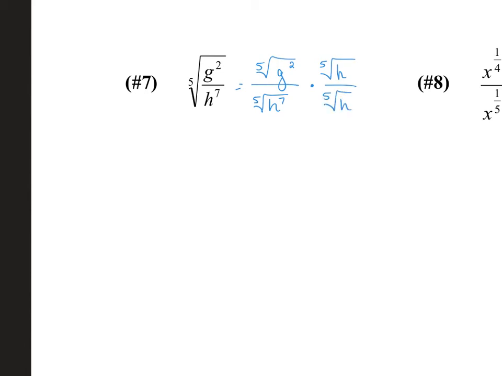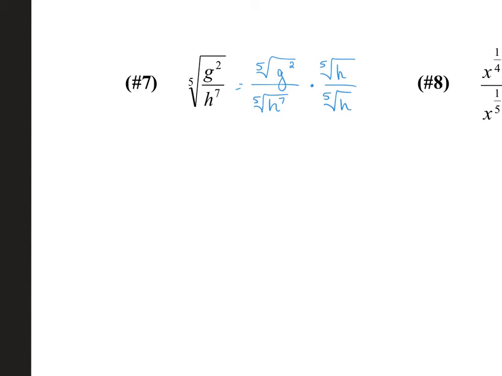And now I need to figure out what power I'm going to raise h to so we no longer have a radical in the denominator. So when we multiply these together, since they have the same base, an h here and an h here, we're going to add the exponents. And I'm looking for a number that's a multiple of 5. Okay, because it's the fifth root, we want a multiple of 5 so we can simplify and get rid of the radical.